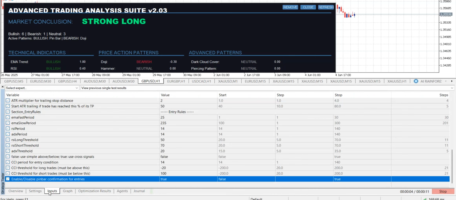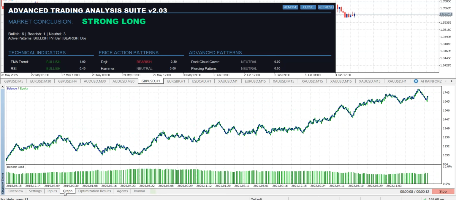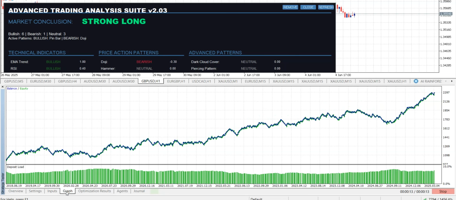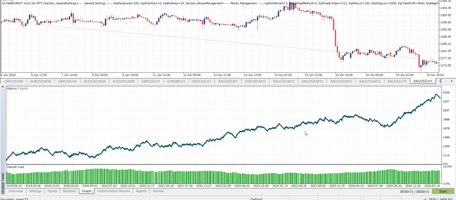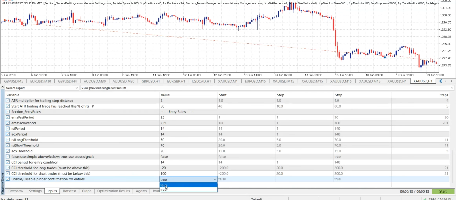So let's just see what we have here. It was already doing alright without any optimization, so that is always a good sign. Yeah, this last part is not great, but I am curious what it does without the Pinbar.